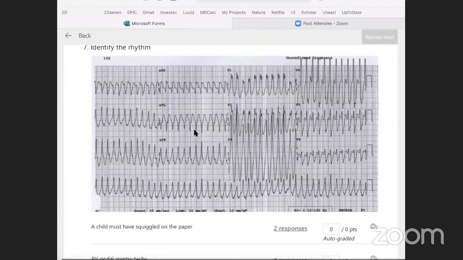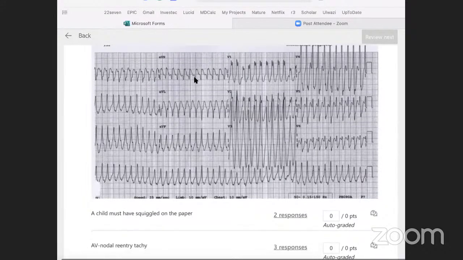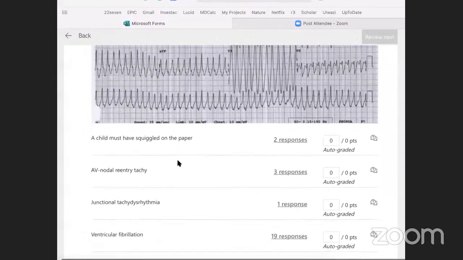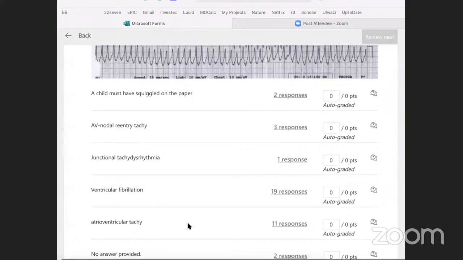And so if it's going at 300 and it is a narrow complex, I know that this rhythm is not going through the AV node, and there is likely an additional conduction pathway that is carrying impulses directly from the atria to the ventricles, such as Wolff-Parkinson-White or Lown-Ganong-Levine syndrome. And so this is an atrioventricular tachycardia, 11 responses.